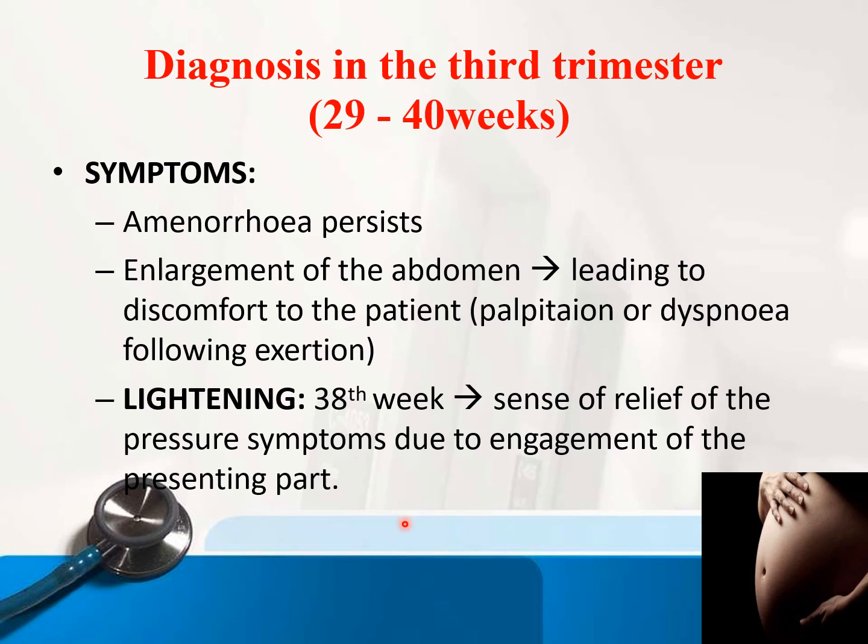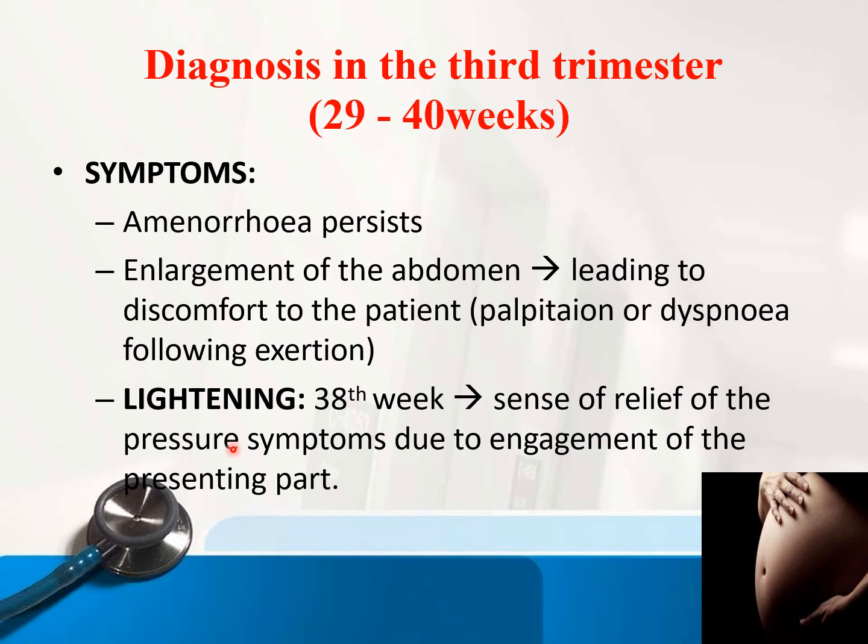Lightening means, when the fetal head is moving downward or entering into the pelvis in the birth process, naturally the length of the uterus will decrease, that is symphysis fundal height will decrease, and because of that the lady will get a relief from the dyspnea and palpitation. That's why we are calling that symptom lightening.